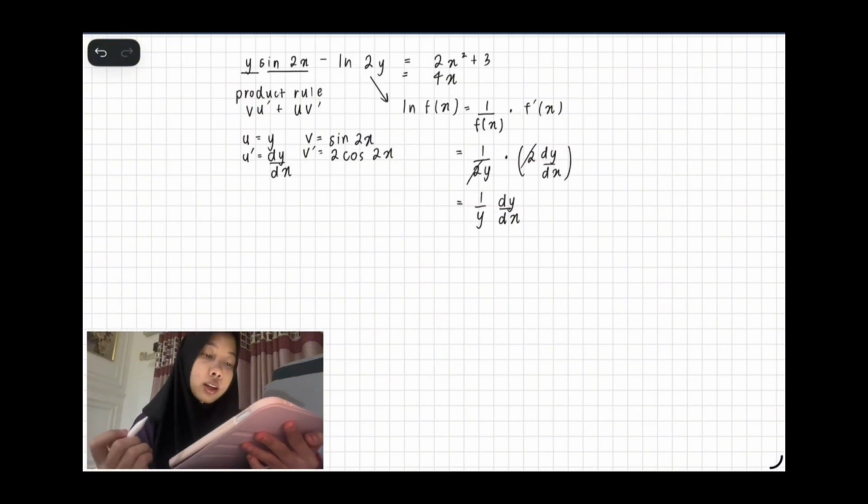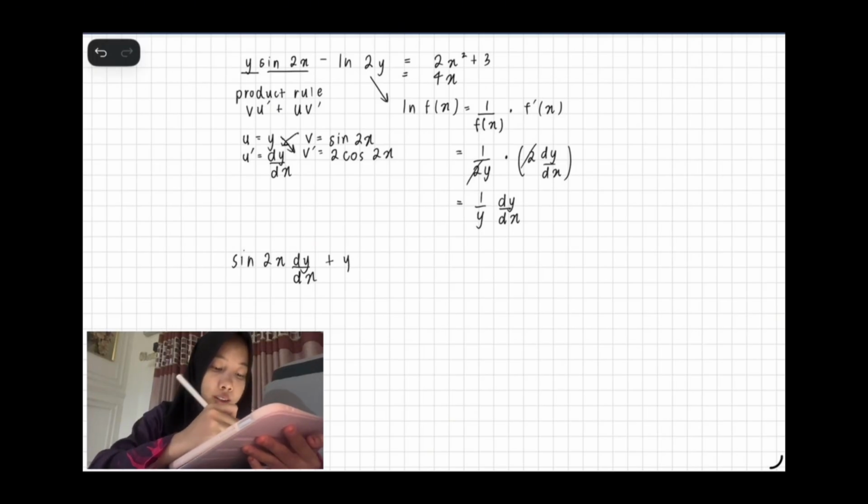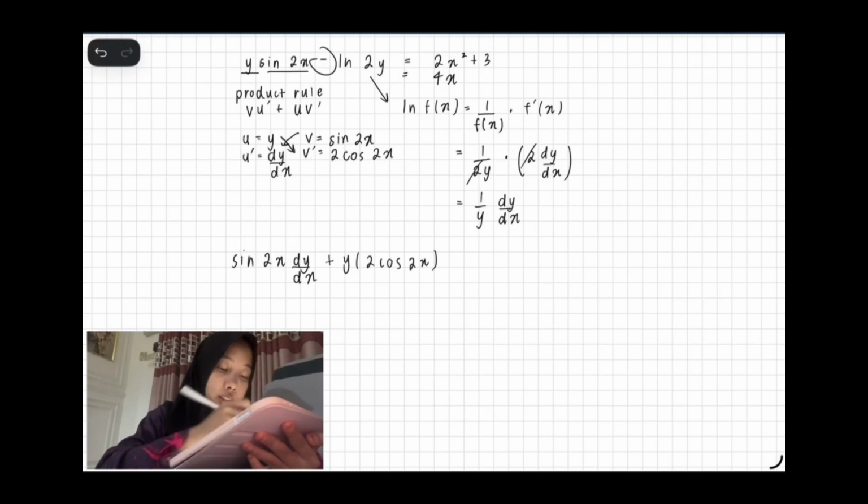Okay, then we combine it together, which is vu prime, so sin 2x dy/dx, plus uv prime, which is y times 2 cos 2x, minus, don't forget here, minus 1 over y dy/dx equals 4x on the right side.